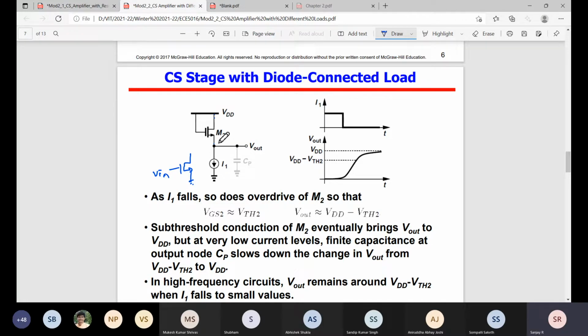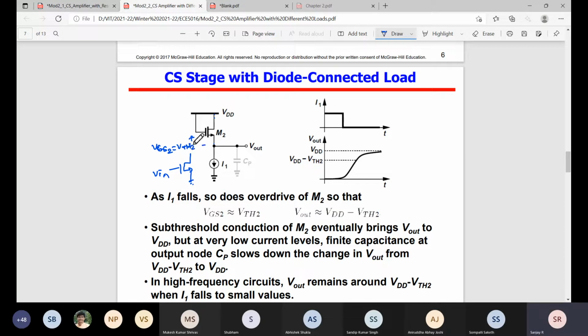But practically, when the transistor current becomes zero, this M2 will come to the edge of the cutoff, not triode, the edge of the transistor cutoff. So what is the condition? VGS2 equal to VTH2.